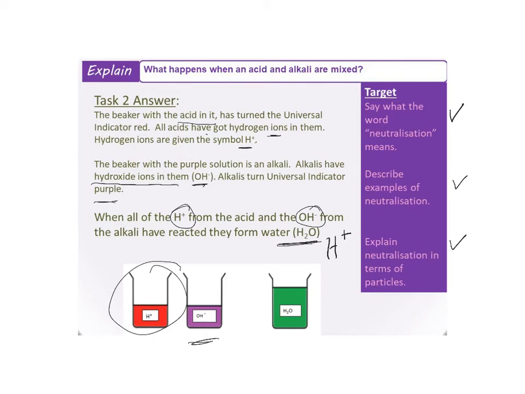So if you did try the challenge task, I'm going to ask you to pause the video now, go over your work again, make sure that you've got all of the relevant information on there that I've written out, and then once you've done that, you can carry on and we can move on to the next lot of work.